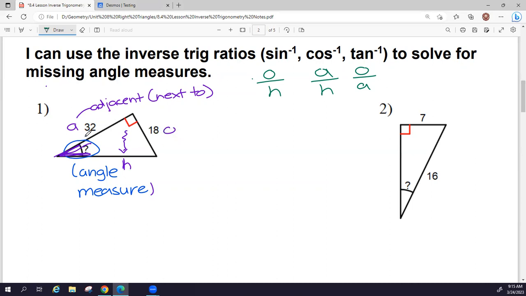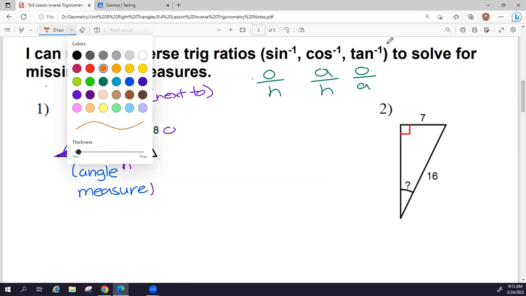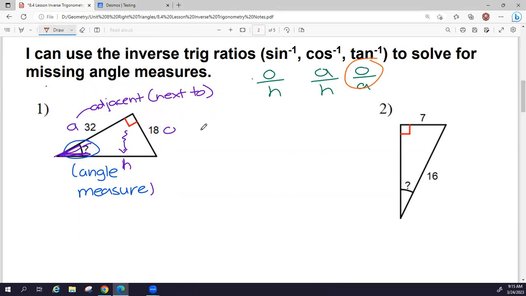We also know how long the adjacent side is. That's O and A. And so we are going to choose tangent. I'm not using the inverse yet. We're going to say the tangent of our angle question mark. We always put the angle next to the function is equal to the opposite side, which is 18, divided by the adjacent side, which is 32.